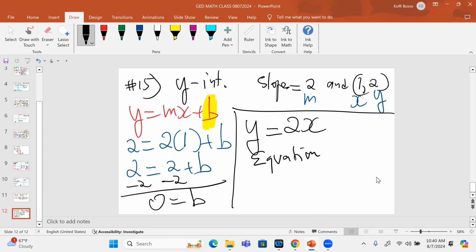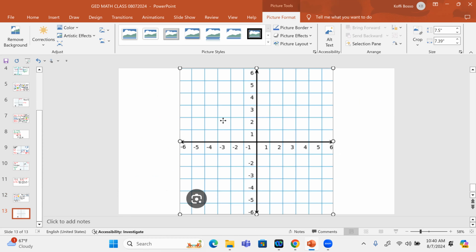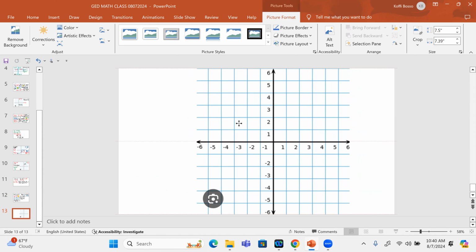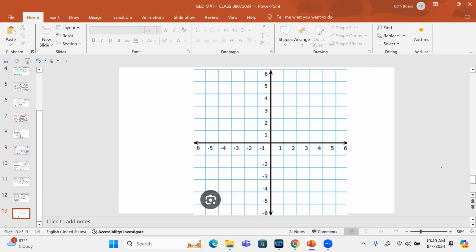We're gonna come back to this in another session, but let's show something. Graph y equals 2x.